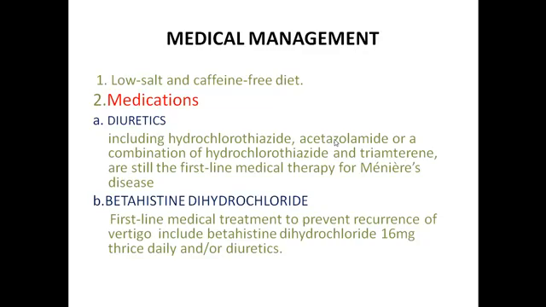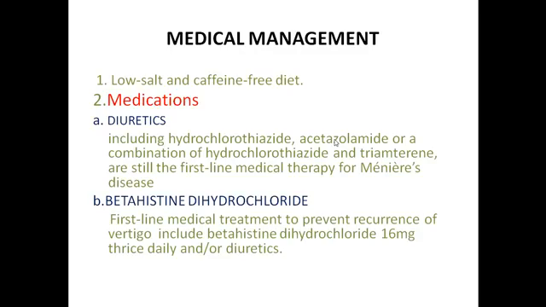Among diuretics, popularly used are hydrochlorothiazide, acetazolamide, or even a combination of diuretics with triamterene, which are still the first line medical therapy for Meniere's disease. And another drug is betahistine hydrochloride. It's very popular. We use this drug in our clinical practice very often, as it is a very popular drug in our country.